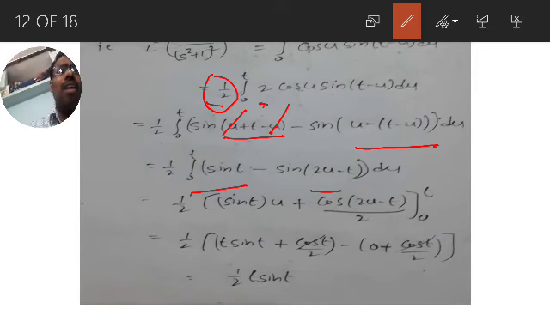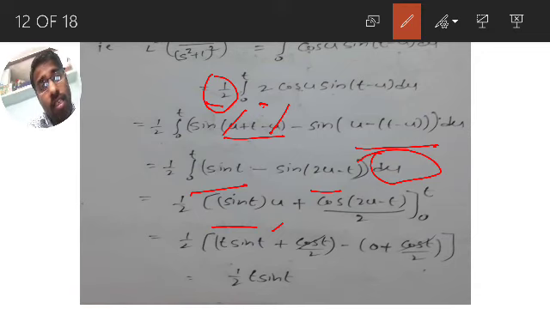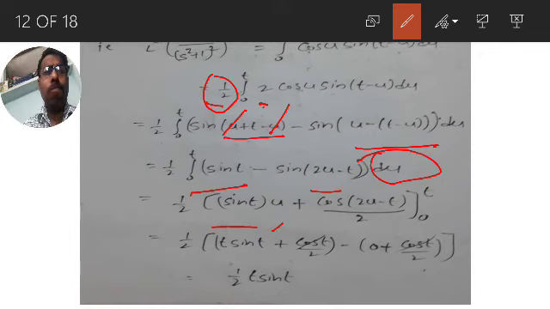Sin t is a constant because the integration is in terms of u. So sin t stays outside, the integration of du is u, and for sin 2u, the integration of sin x is minus cos x by a. Similarly, minus into minus becomes plus cos of 2u minus t by 2. Upper limit minus lower limit.